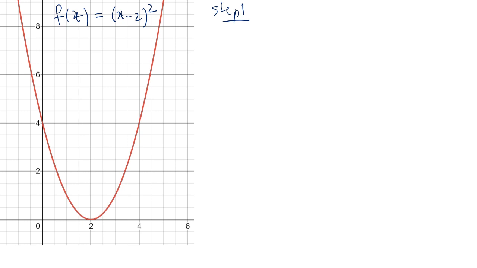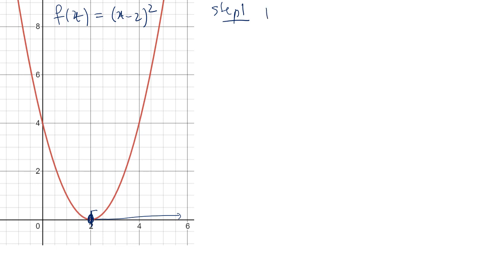We can see that if we restrict the domain to 2 to infinity, then on that part of the graph, the function is 1 to 1.